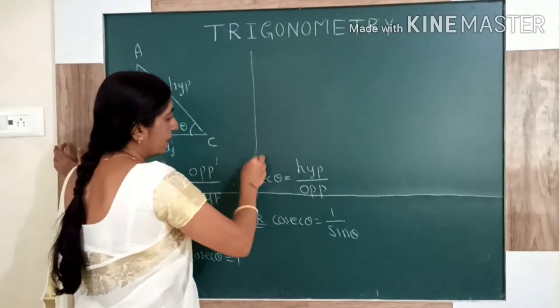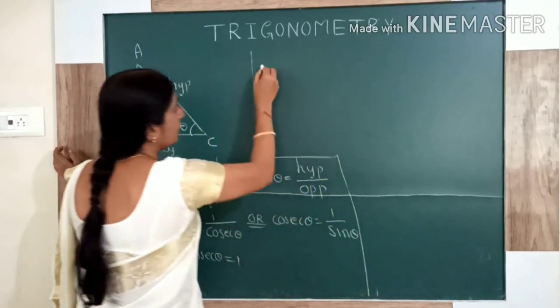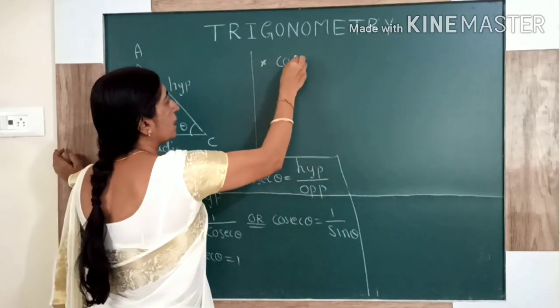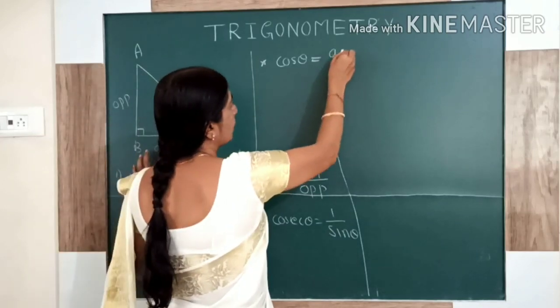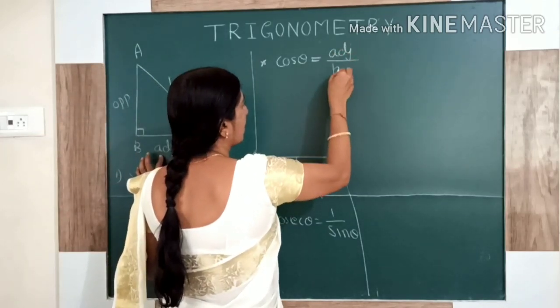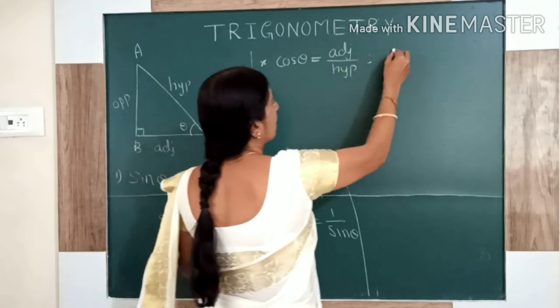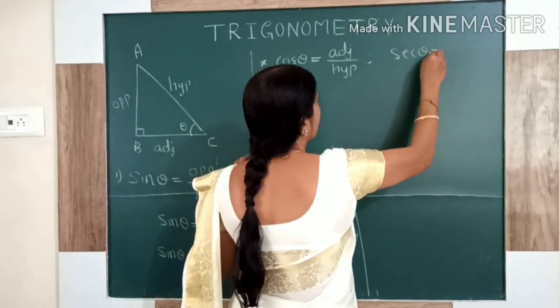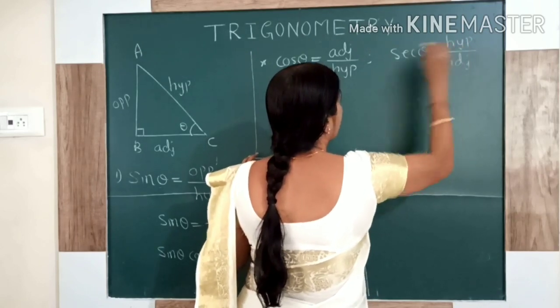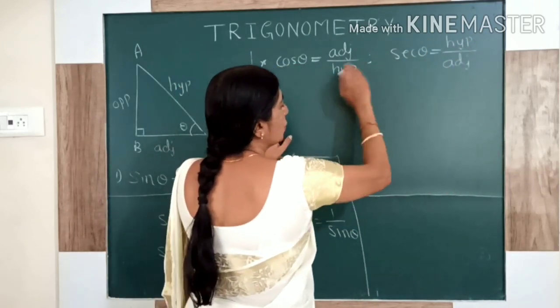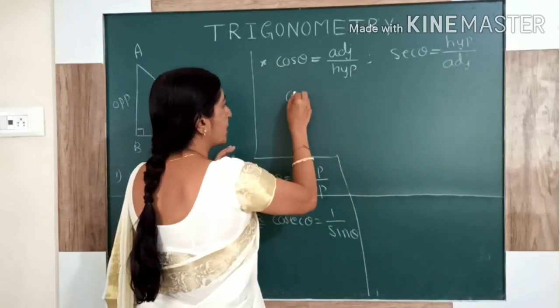Next, similarly, we are defining the next one. What is the next one? Cos theta. What is cos theta? Cos is adjacent upon hypotenuse. Then immediately we define sec. Sec is hypotenuse upon adjacent. Again observe these two, they are reciprocal to each other.